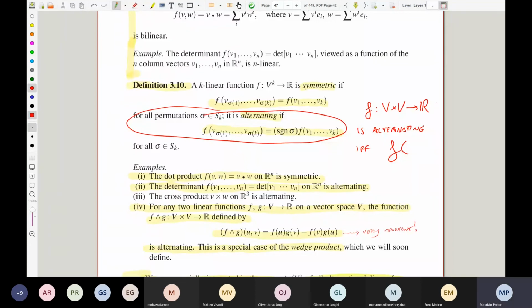Meanwhile, I will change the pen. What is, in your opinion, an alternating multilinear map? Can you just tell me? Very good. Is this very natural, right? And what if I add another v here?